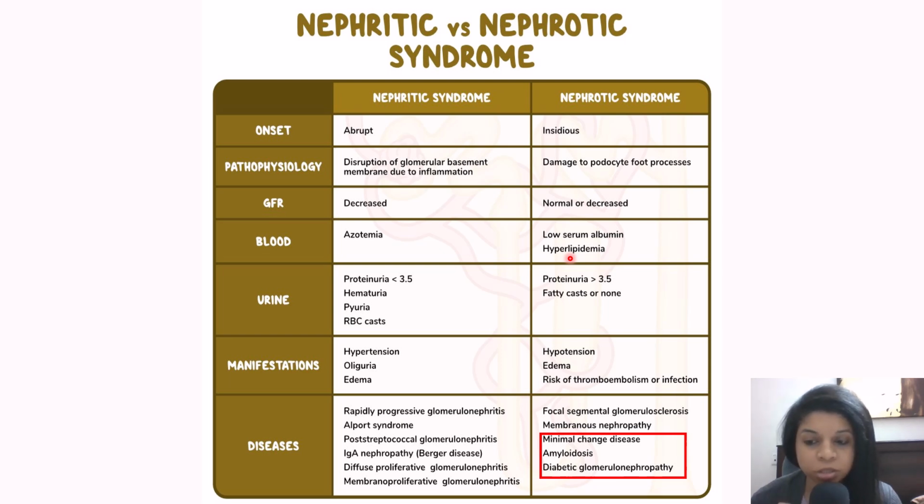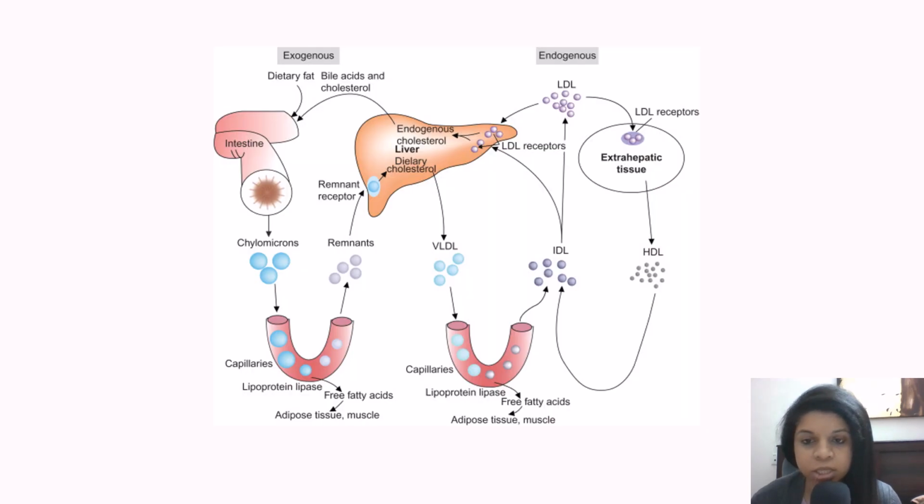So how does the patient have increased cholesterol or fat, and how is fat getting excreted through the urine? Because the filtration barrier is lost, fat is increased in the blood and starts getting excreted in the urine. But how the fat is getting increased in nephrotic syndrome is explained by this diagram.